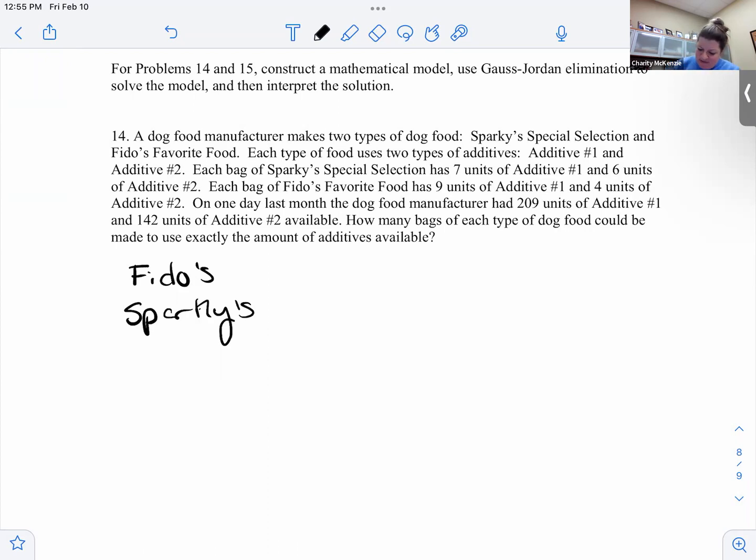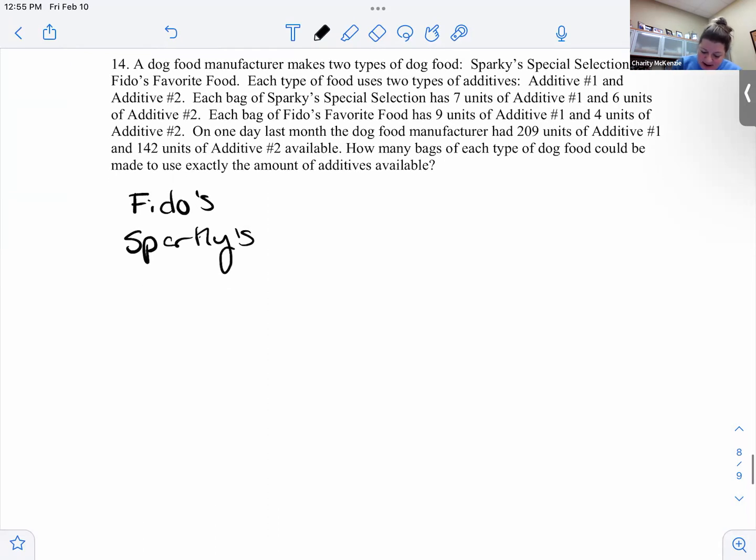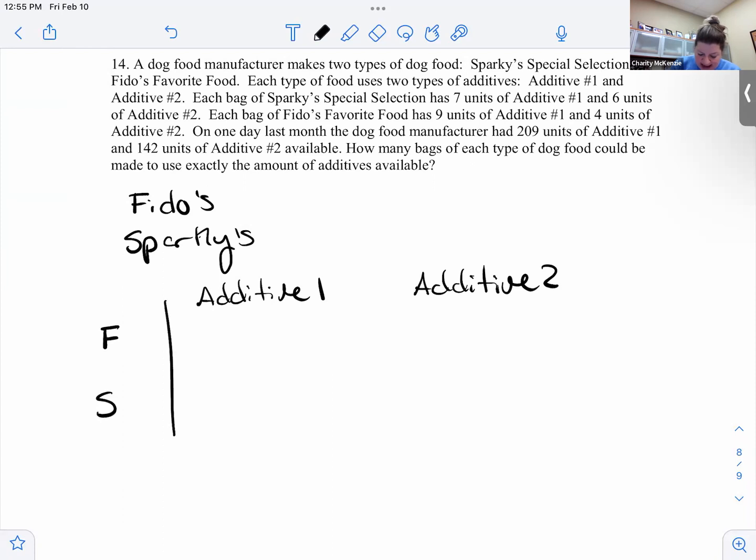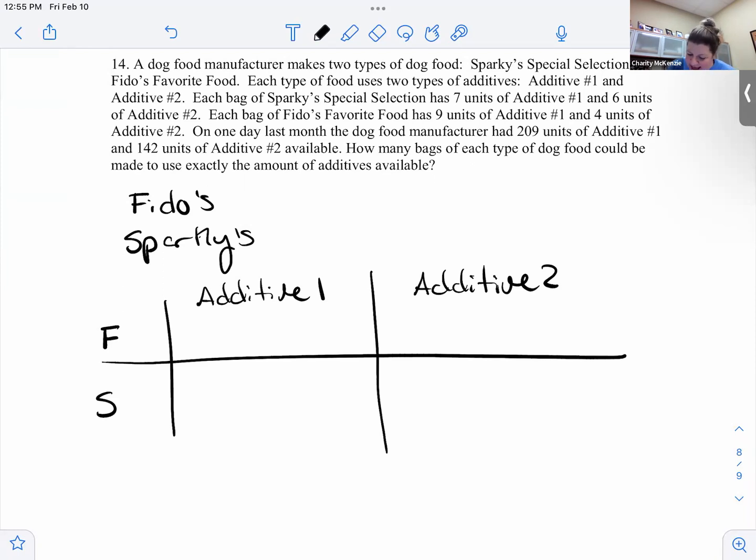This is kind of the way I like to set it up. I have additive 1, and I have additive 2, and I have Fido and Sparky. So how much does Fido need of additive 1?